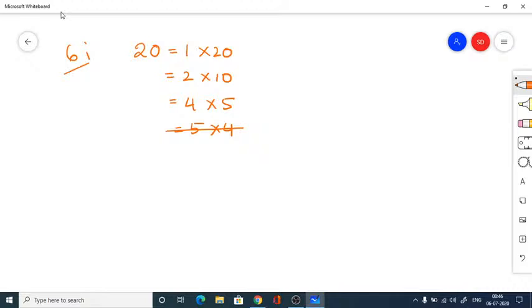Then 28. 1 into 28 is 28. Then you have 2 into 14. Then you have 4 into 7. And then 7 into 4. So it's repeating. So I will stop.